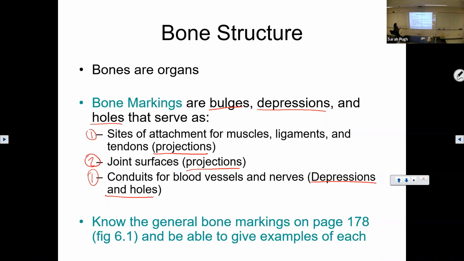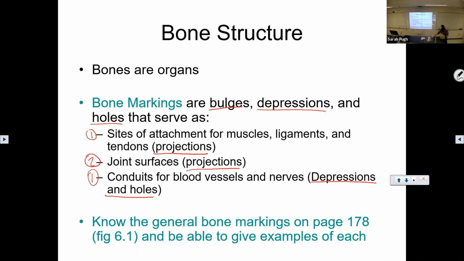So there are some very general bone marking terms that are in your textbook, and it might be helpful if you look at those before Wednesday. For example, one of the terms in this table in your book is a foramen. Very general, it just means hole. But if you see a structure called, let's say, the vertebral foramen, you know you're looking for a hole because it has the word foramen.